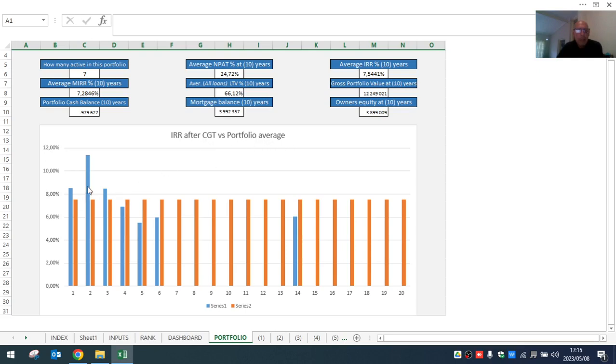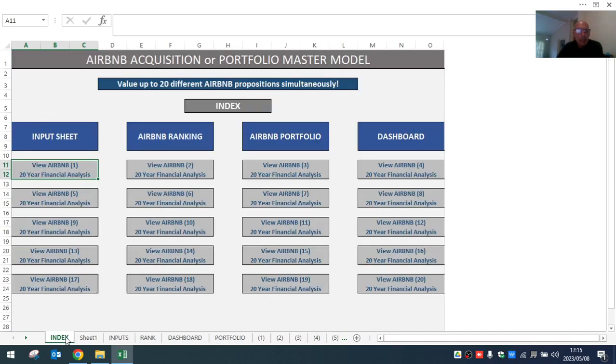So it's very easy to see which of the propositions or current opportunities that you have need to be addressed or rebalanced, etc. So what we are saying is this particular model for Airbnbs is extremely coherent, simple, and easy to follow.